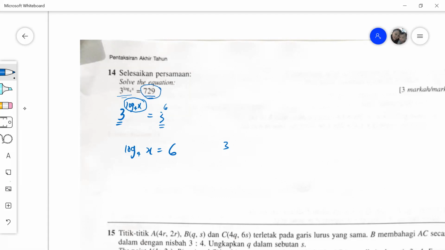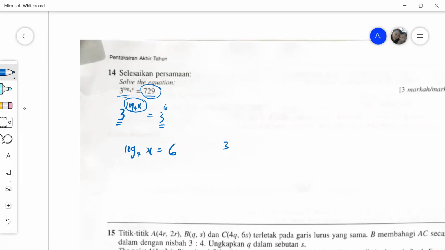We can change it in the form of index, so we write it as 3 to the power 6. We want the base to be the same. Whenever you see an index question and a logarithm question, always make sure the base is equal. If the base is not equal, then we have to introduce a log base 10. Once the base is equal, we can discard it.